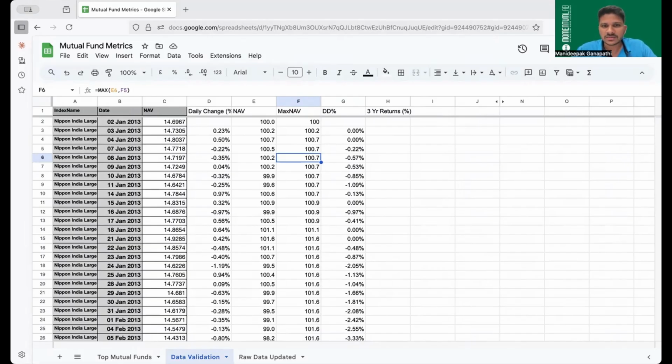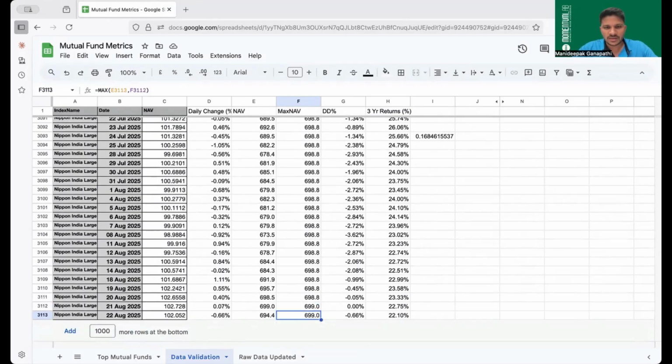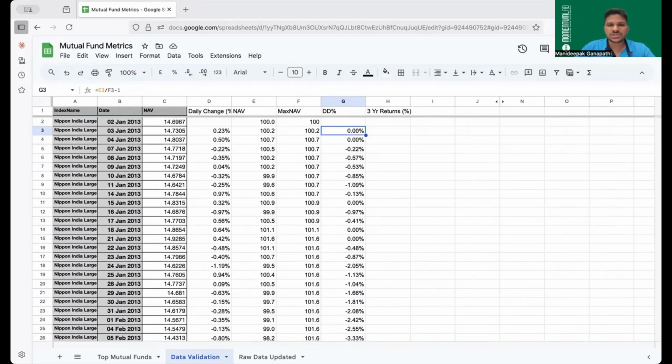Once you get the max NAV, which is nothing but understanding at every point what the peak was, then if you look at today, the NAV is 694.4 and the last peak was 699. Drawdowns are nothing but the change of your NAV from this peak.